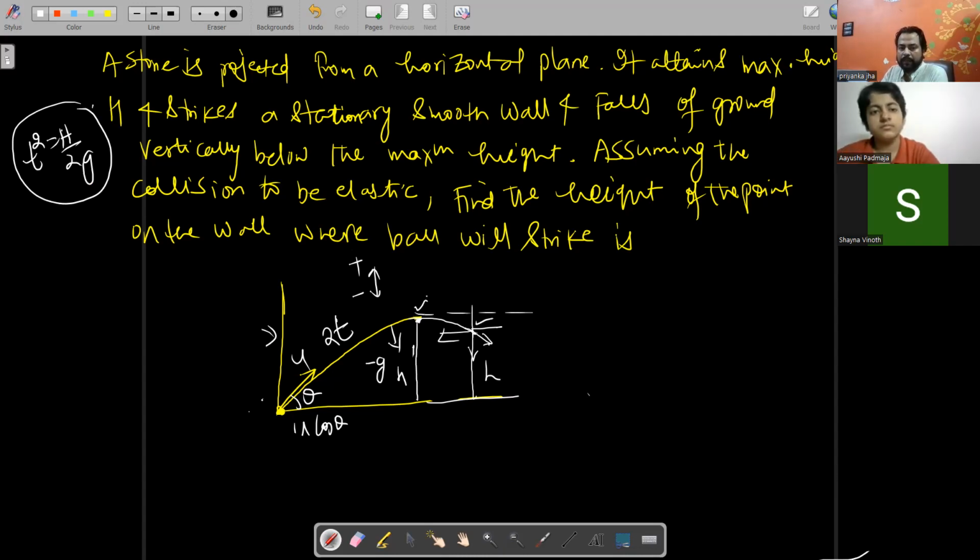So what would be this height? This would be capital H minus h, right?